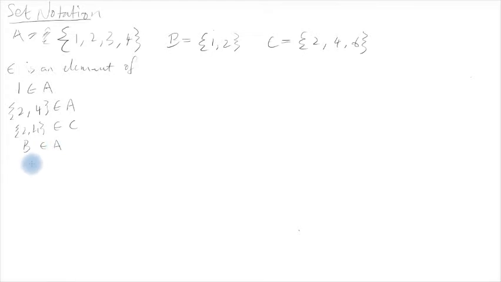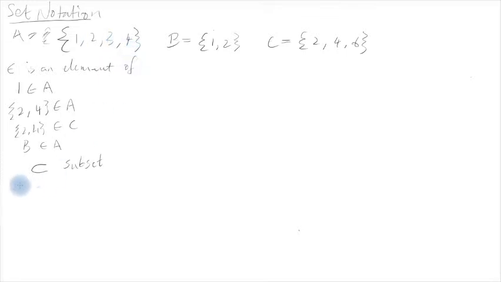But there's a neater way to do this if we're referring to two sets, and that is to use this other symbol here, which is called subset. A subset is a set that's within something else, but the other thing may have other things as well. So B has 1 and 2, A has 1 and 2, and A also has 3 and 4.